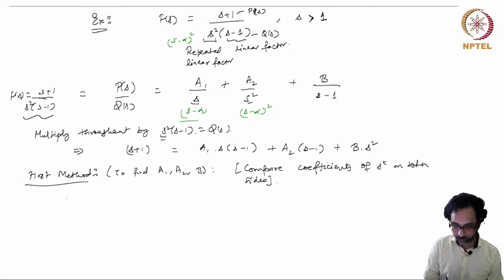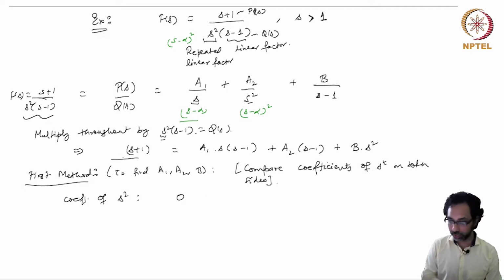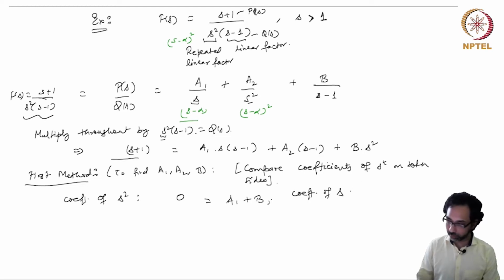So suppose we compare coefficients of s squared on both sides, then you get 0 because there is no s squared term on the left side, and on the right hand side you have a1 plus b. And then if you compare the coefficient of s, you get 1 on the left hand side, and on the right hand side you will have minus a1 plus a2.